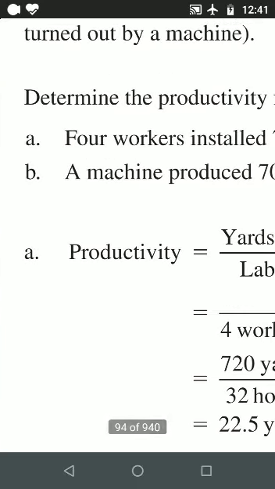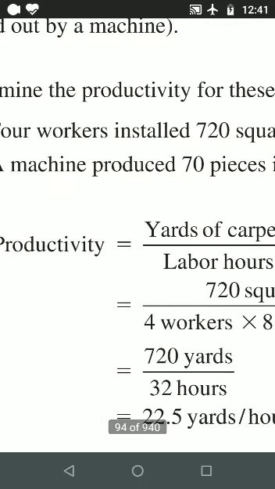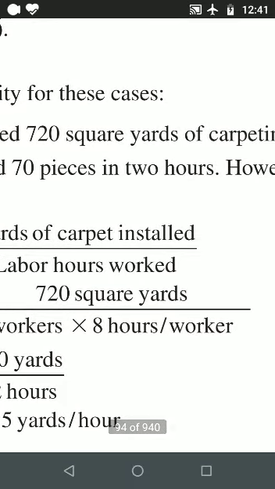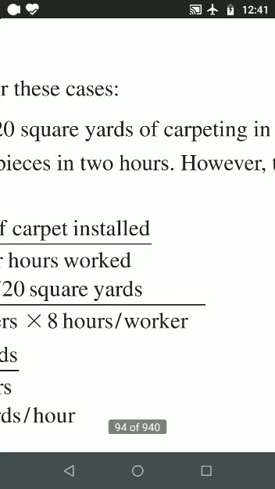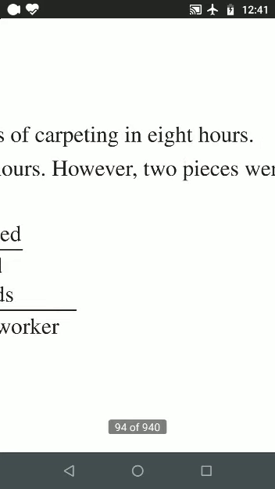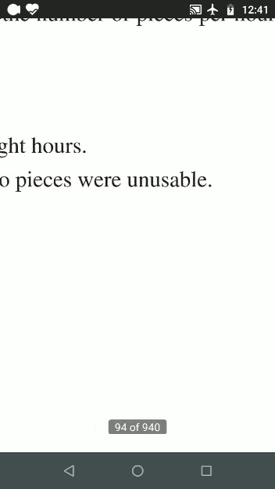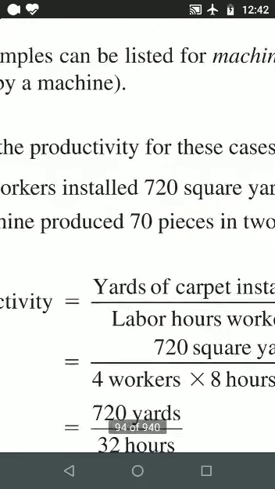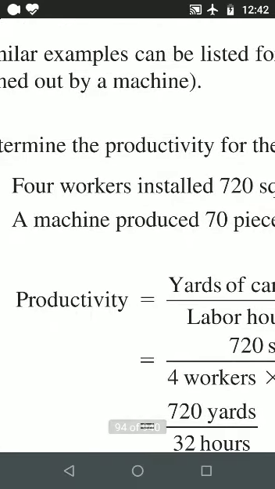Case B. A machine produced 70 pieces in 2 hours. Right? There is a machine which is producing 70 pieces of the finished product in 2 hours. However, 2 pieces were unusable. Now you have to determine the productivity for this. So what is the output?